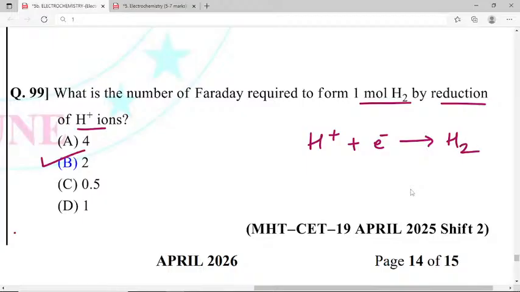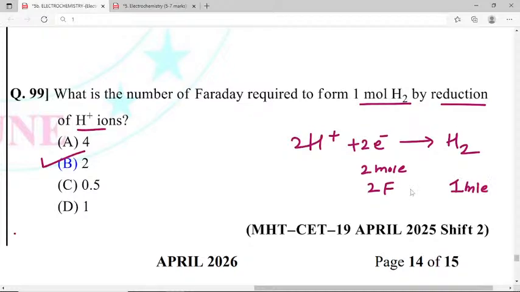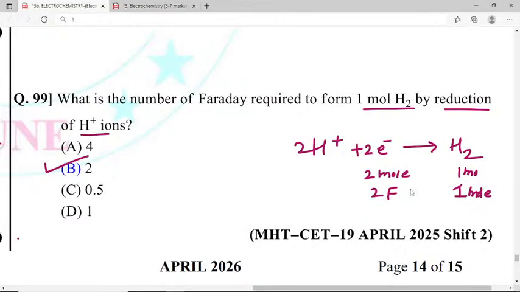So this is 2 mole electrons, 2 Faradays, and 2 Faradays for 1 mole hydrogen. So this is your answer, 2 Faradays.